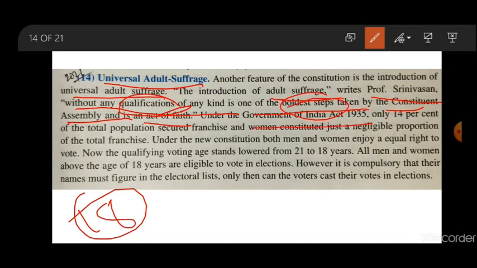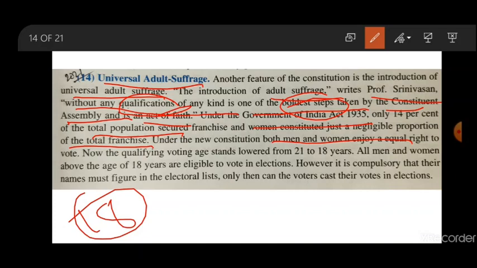Under the Government of India Act 1935, only 14% of the total population secured franchise. 14% is very little in a democratic country. Women constituted just a negligible proportion of the total franchise.